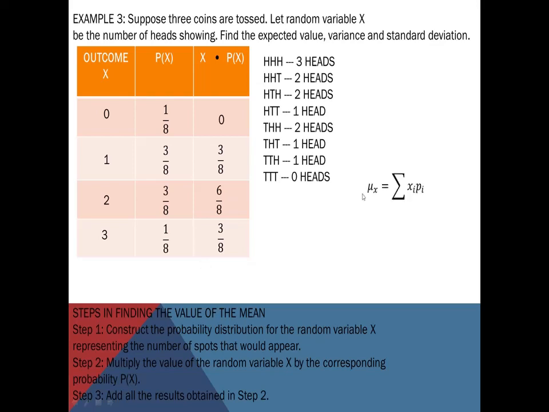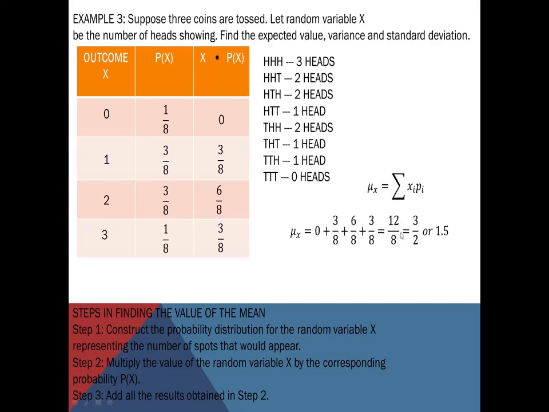Now, the mean of the discrete random variable x is equal to the summation of x sub i p sub i. So we need to add all of these. So if we add all of them, 0 plus 3 over 8 plus 6 over 8 plus 3 over 8 is equal to 12 over 8. Now we need to simplify, right?